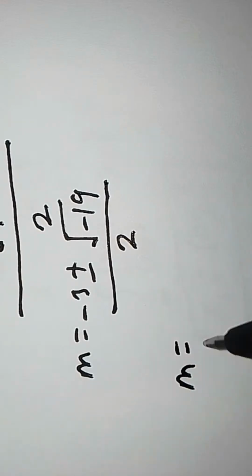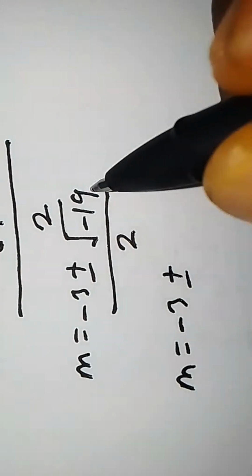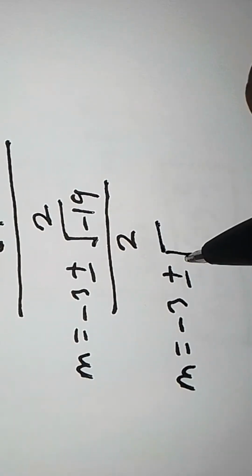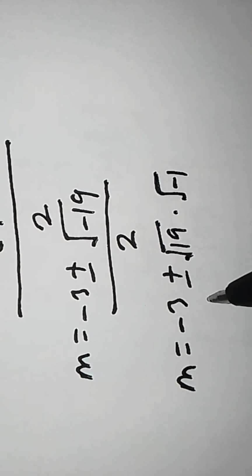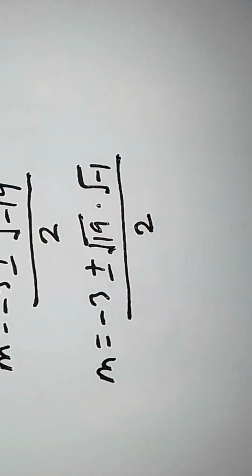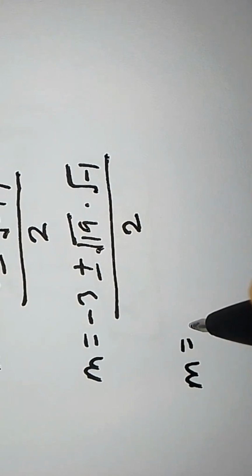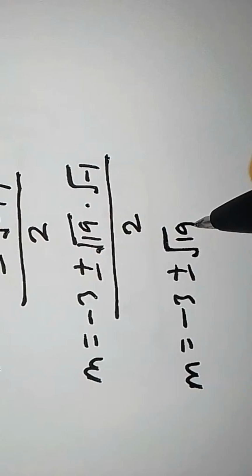Let's proceed further. M is equal to minus 3 plus or minus square root of negative 19, which could be written as square root of 19 times square root of negative 1, divided by 2. Let's proceed further. M is equal to minus 3 plus or minus square root of 19.